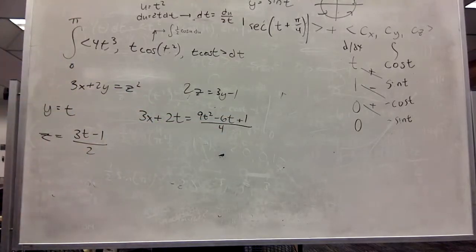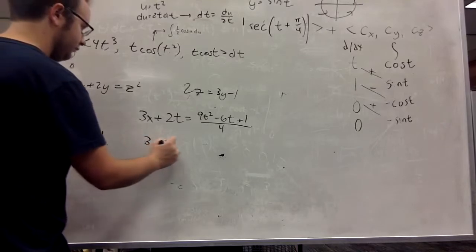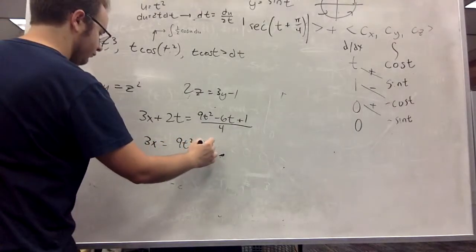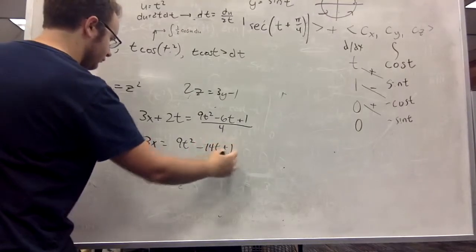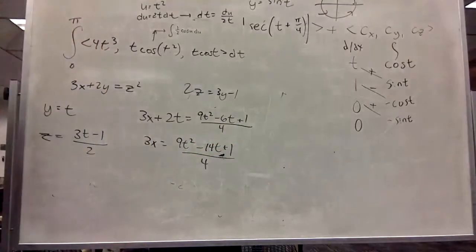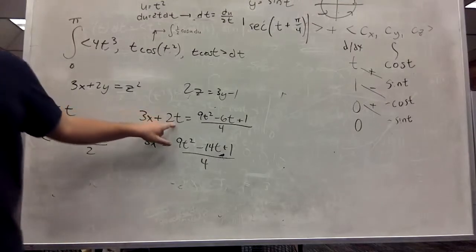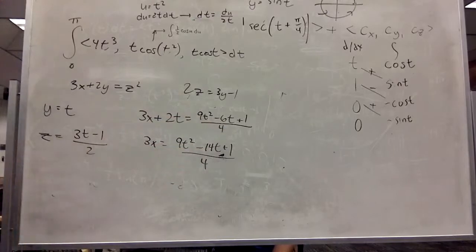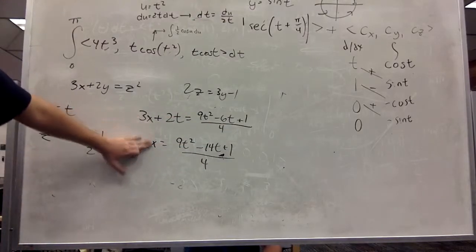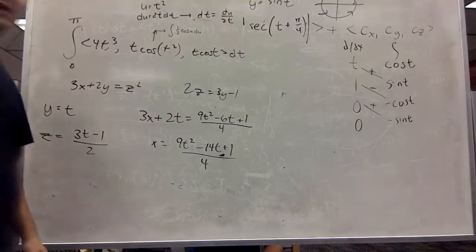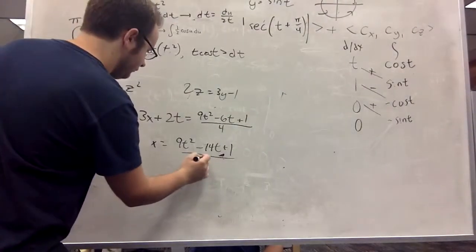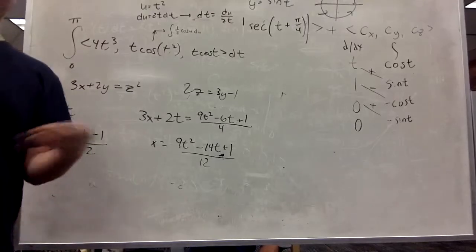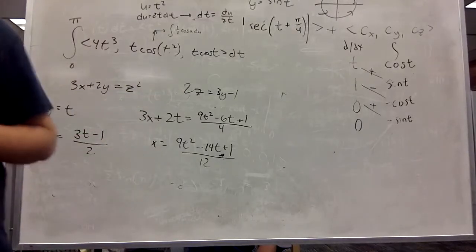I'm going to subtract 2t from both sides. 2t is the same as 8t over 4, and taking 8 away from negative 6, I get negative 14. And then divide both sides by 3. That's what x is. Y, z, and x. And that would be a fine curve parameterization.